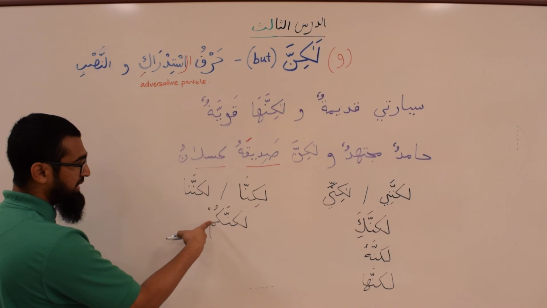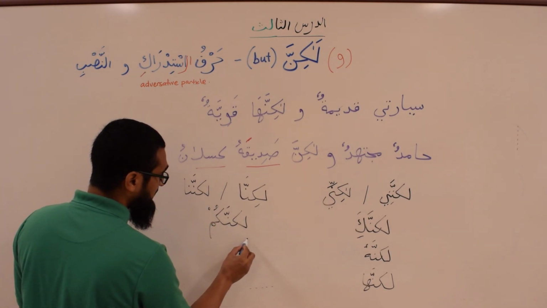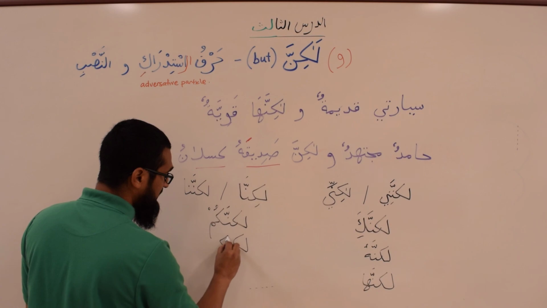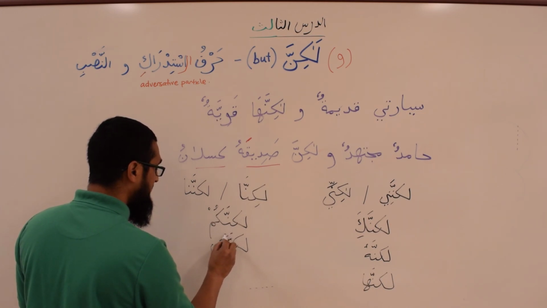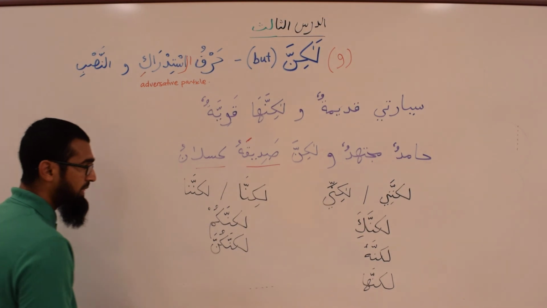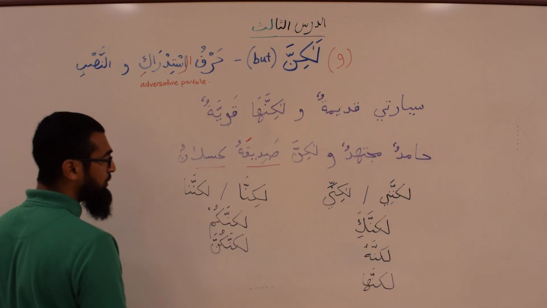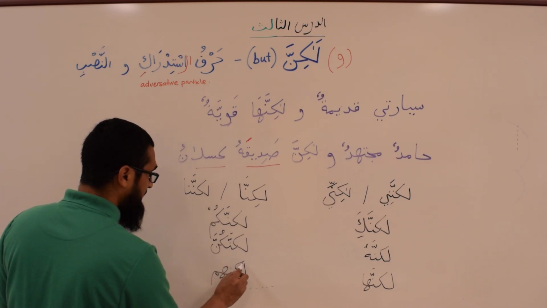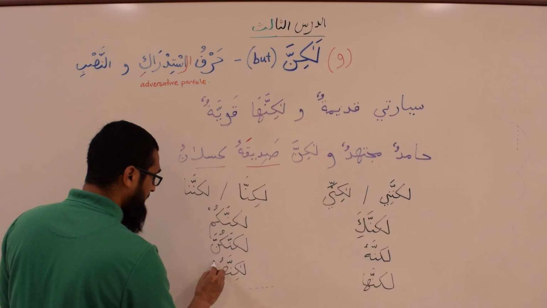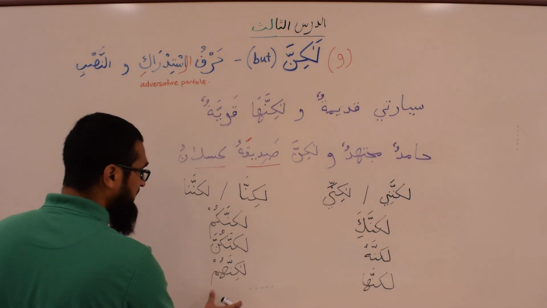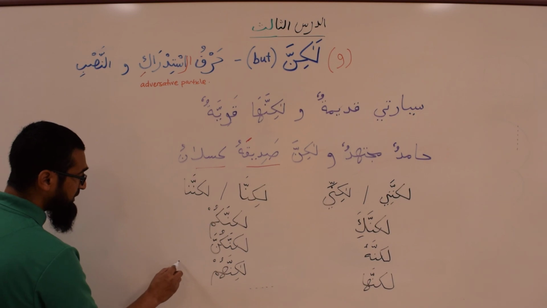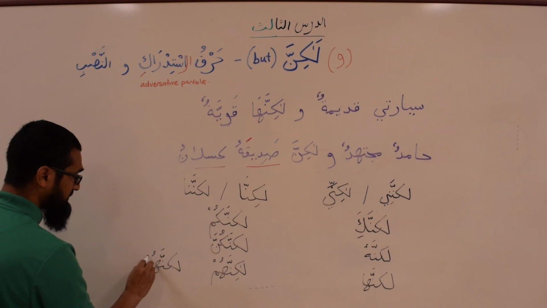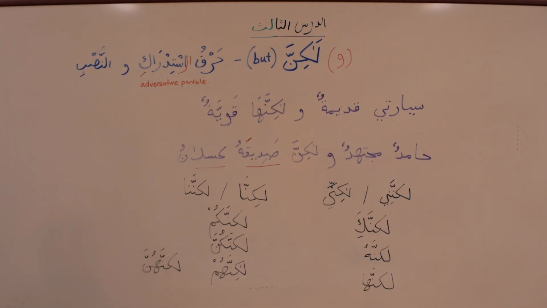Okay, the kum becomes kunna. Okay, لكنكن. If it's hum, it's going to be لكنهم. And if it's hunna, I'm going to write over here, لكنهن. Okay, so you need to be able to formulate those.